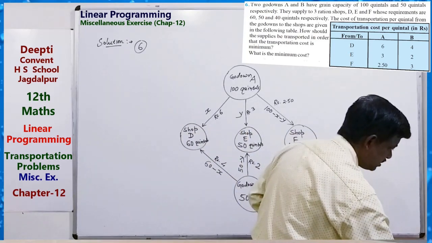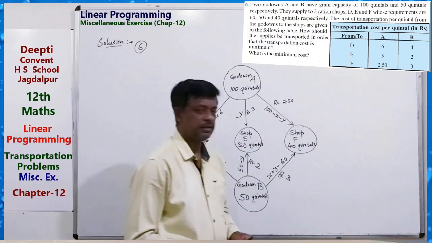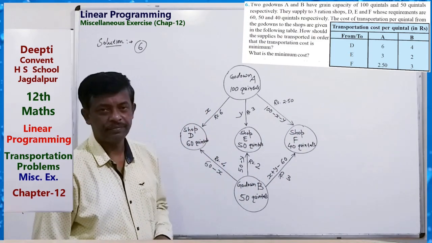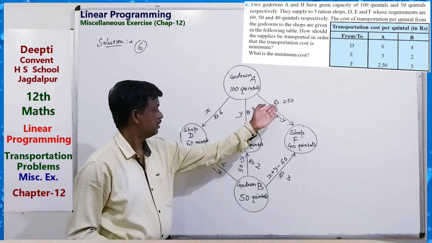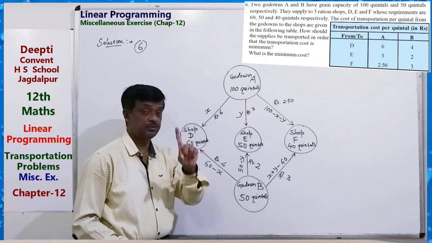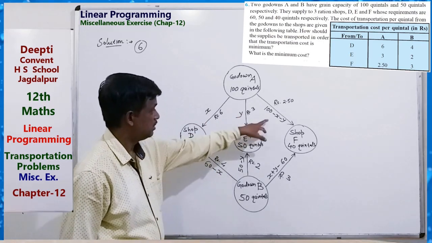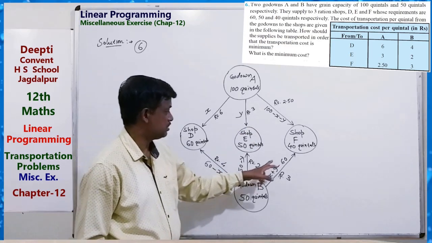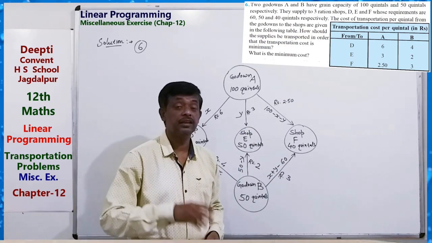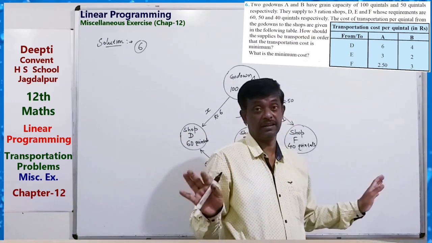So we can say from here, X should be greater than or equal to 0, Y should be greater than or equal to 0, and similarly the other quantities are also greater than or equal to 0, meaning maybe 0 or not negative.